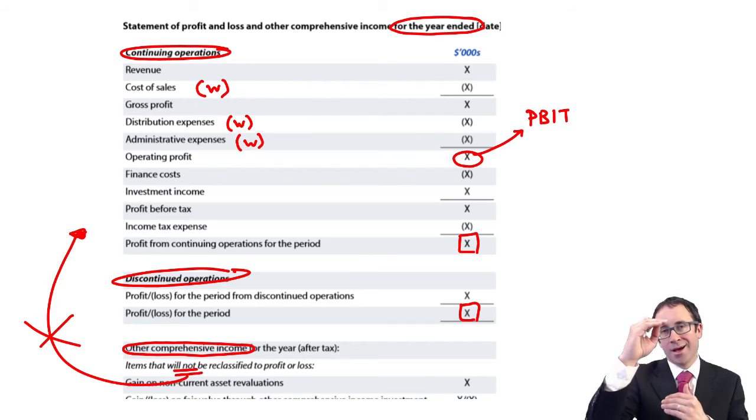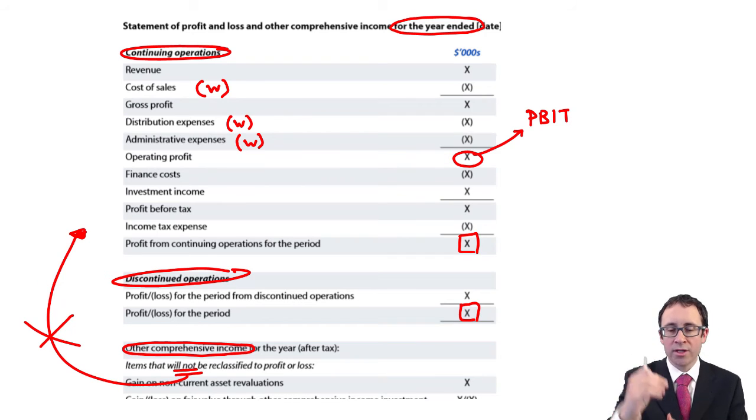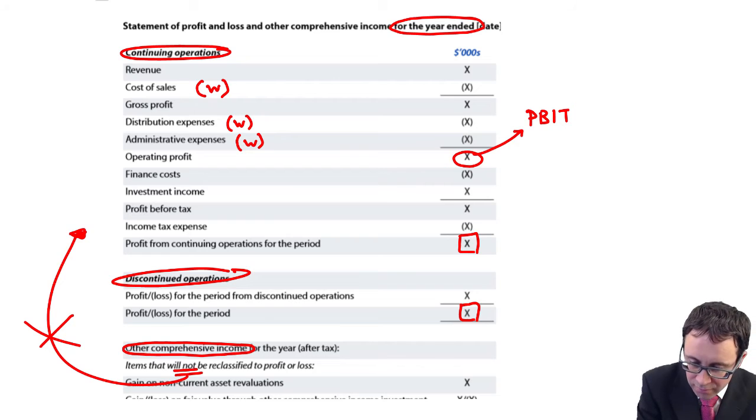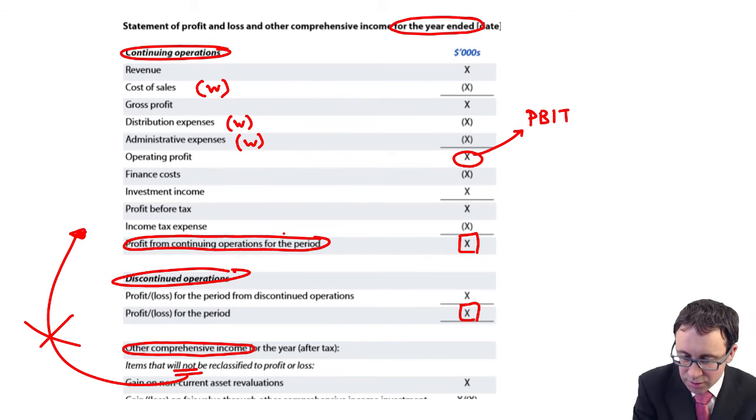So you've got a detailed analysis at the top there of the continuing operations from your revenue down to your profit for the period from continuing operations.